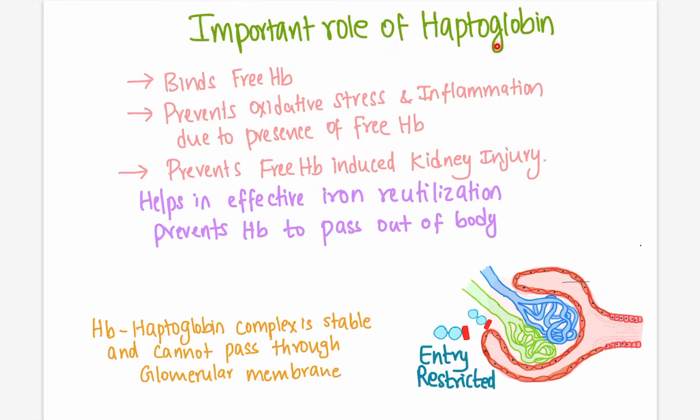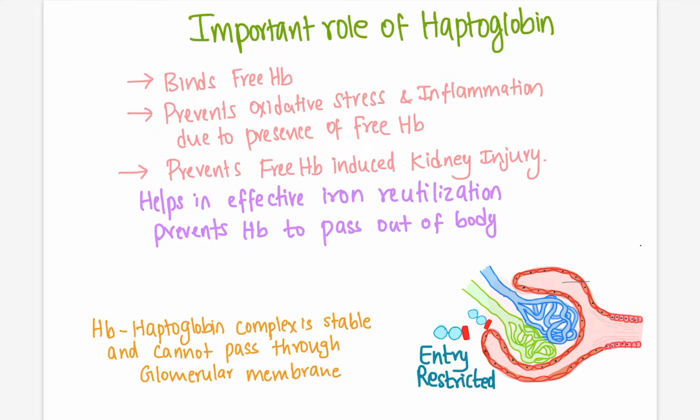So the important role of haptoglobin is to bind with free hemoglobin, and prevent oxidative stress and inflammation that is caused due to the presence of free hemoglobin. It prevents free hemoglobin induced kidney injury, and it also helps in efficient utilization of iron, because since hemoglobin can easily pass through the kidney, and hemoglobin contains iron, and iron is very crucial for erythropoiesis.